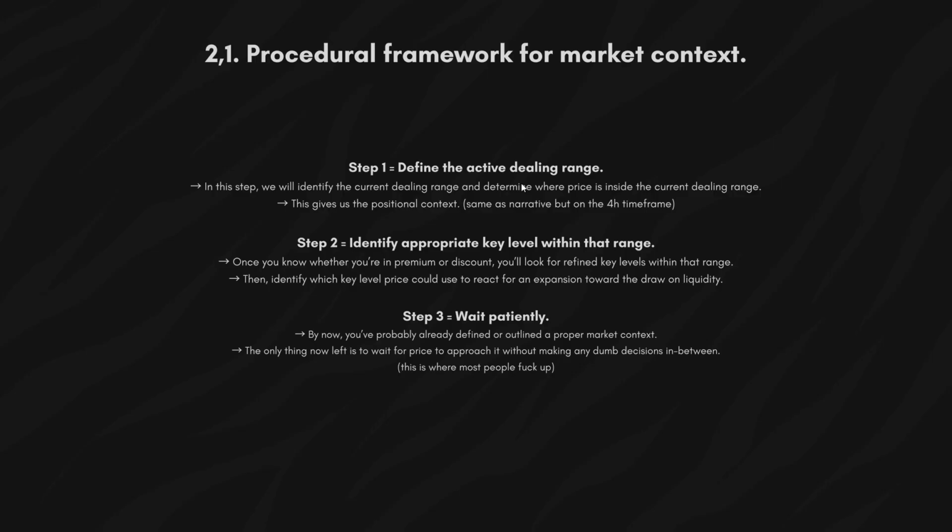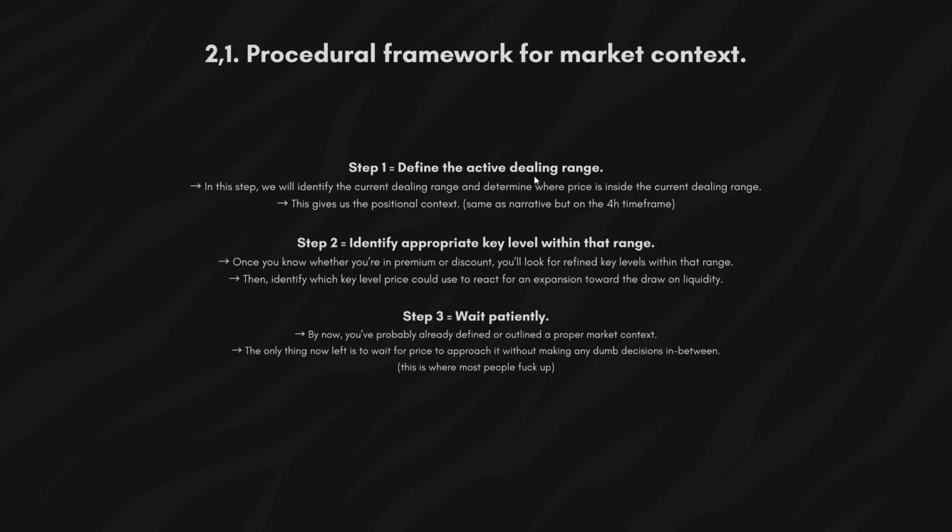What I mean by that is, let's say you are trading on Tuesday, and on the daily time frame you determine that the directional bias for Tuesday is bearish. So now your job on the intermediate time frame, the 4-hour time frame, would be to identify a dealing range that is aligned with that directional bias, meaning it must be a bearish dealing range.